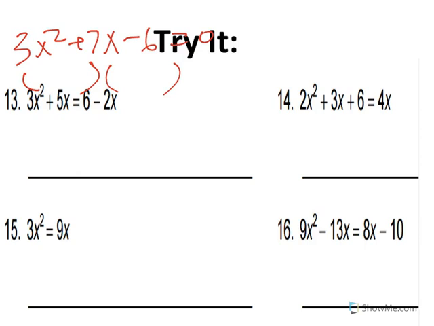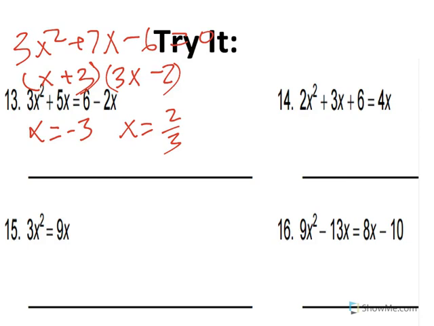So let's try 1x and 3x. We need a negative 6 and a positive 7. So let's try a plus 3 here and a minus 2. So our x equals negative 3 and x equals 2 over 3.